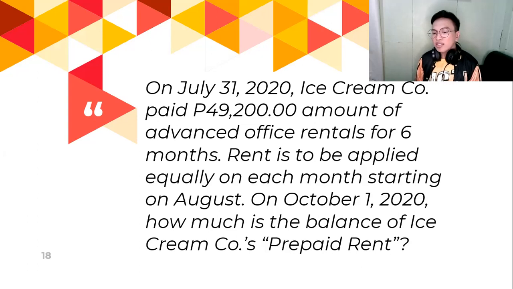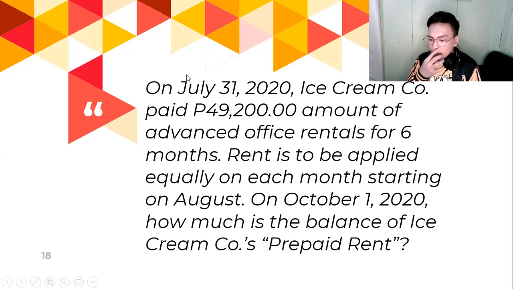Okay? How is that 49,200 to be consumed? Again, the word is to be consumed. This rent daw po is good for 6 months and it is applied equally for each month. On starting August. On October 1, 2020, how much is the balance of ice cream companies prepaid rent?